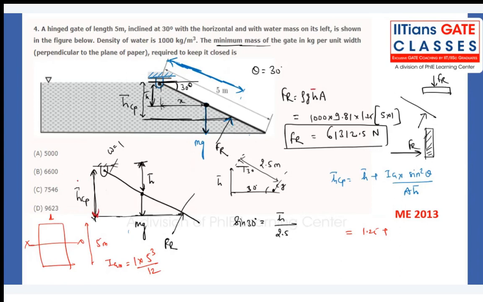So Igx will be 5 cube divided by 12, sine square 30 degree, divided by area. Area will be 5 into 1, h bar into 1.25. So from here h bar cp will be 1.667.